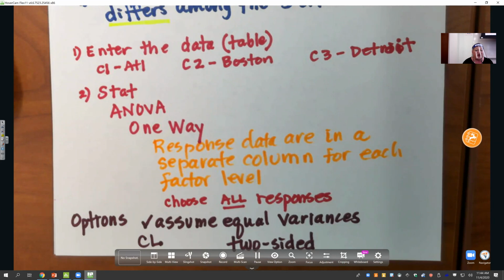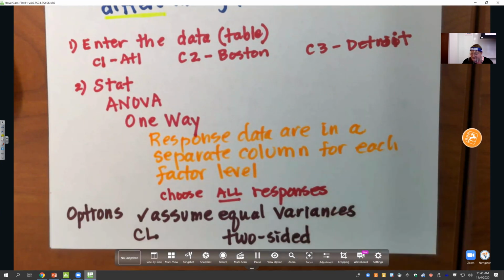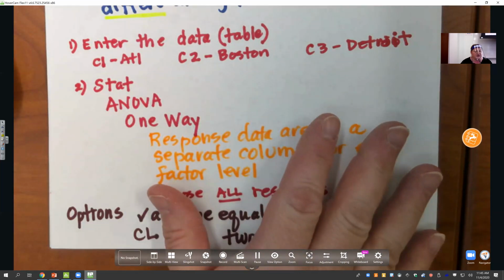Change it to response data are in a separate column for each factor. Choose all your responses. And then under options, you have to assume equal variances, select your confidence level, and it will always be two-sided. Did you get it, Chow?